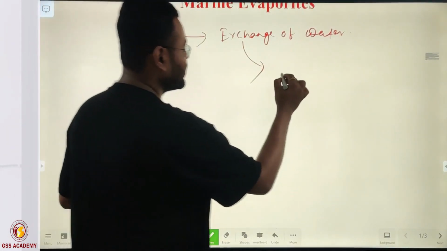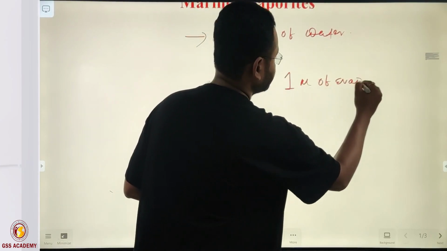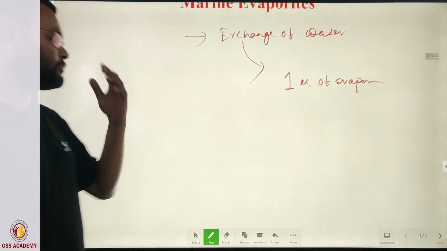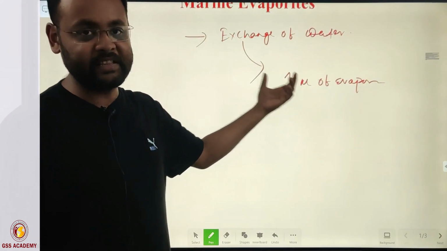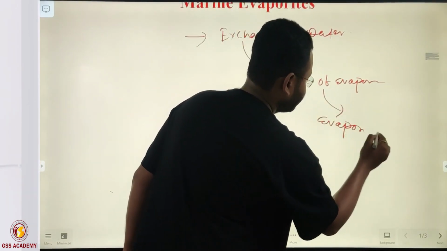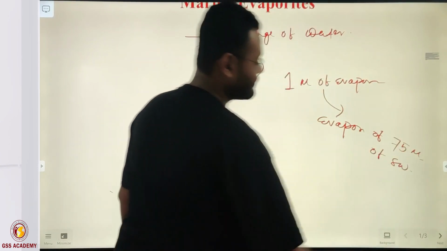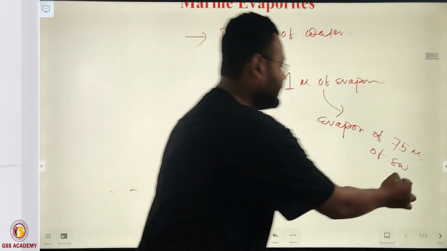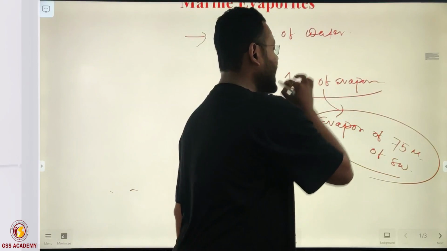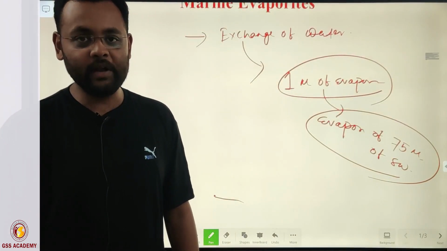In essence, for the deposition of evaporites of thickness 1 meter, it needs evaporation of 75 meter of the seawater. That means when a 75 meter thick of the seawater will evaporate, only 1 meter of evaporite will result.